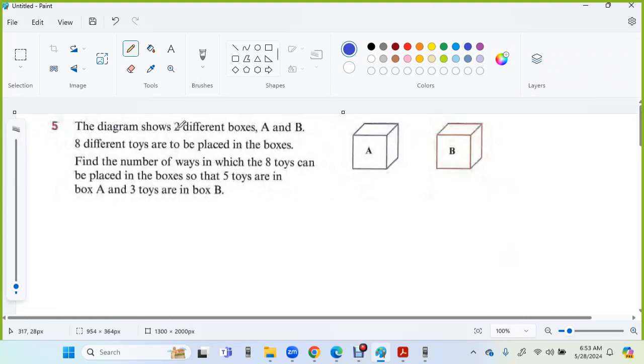Question number 5. The diagram shows two different boxes A and B. 8 different toys are to be placed in the boxes.